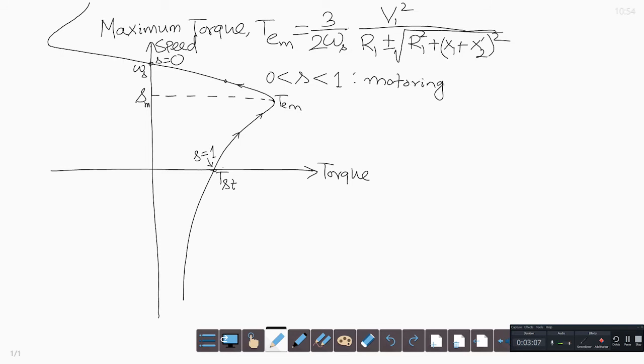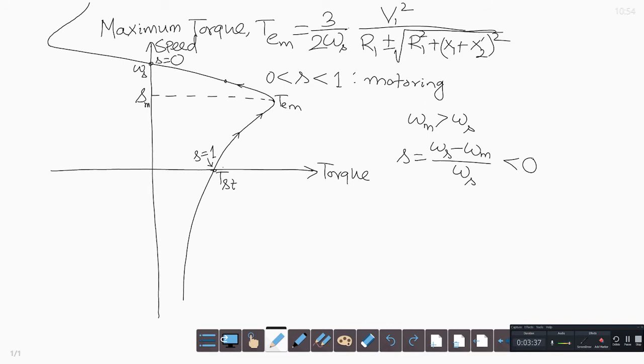And when speed is more than the synchronous speed omega s, slip, which is defined as omega s minus omega m by omega s, becomes negative when omega m is more than omega s. So, when the rotor rotates at a speed more than the synchronous speed, slip becomes negative.